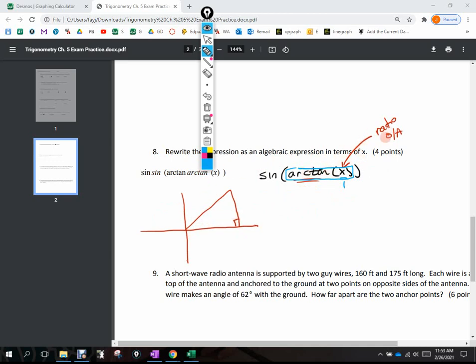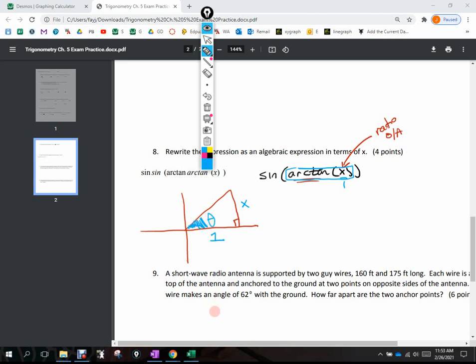So the opposite side is x, and the adjacent side is 1. Now, because I don't know what x is, I can't tell you directly what that angle is. If x was 1, I could tell you the output is 45 degrees, a specific number. But I can't do that. I can only tell you that the output here is theta.